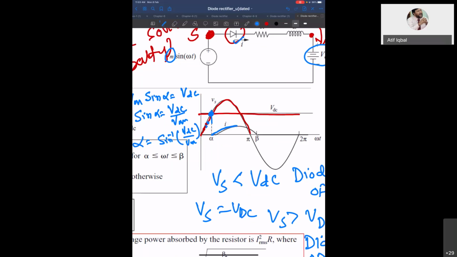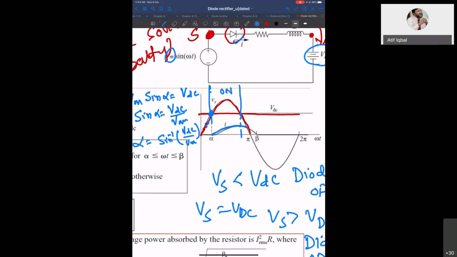Then at this point the voltage drops, so the diode will be turned off. The diode is only on from here to here.